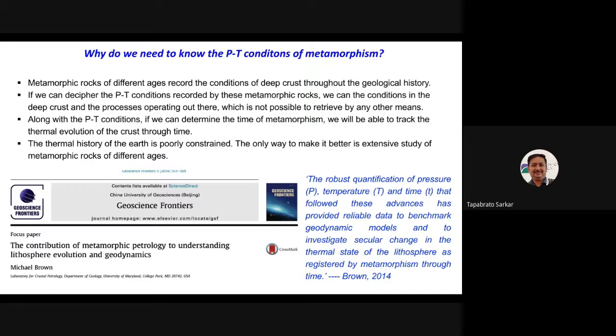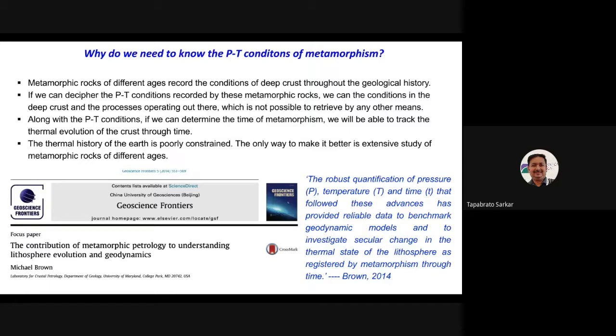We did not have any other source of finding out what the conditions are. The rocks are the only things which have stayed from that time. These old rocks are the only possible way of finding these conditions.